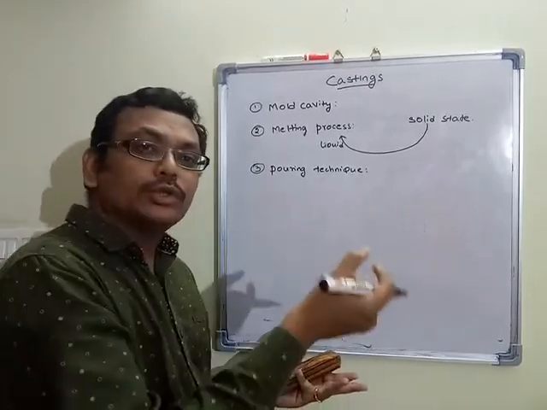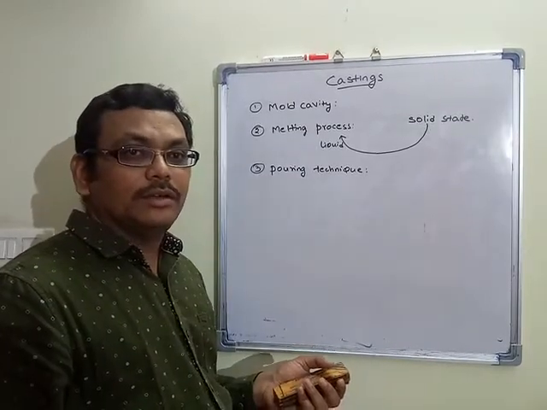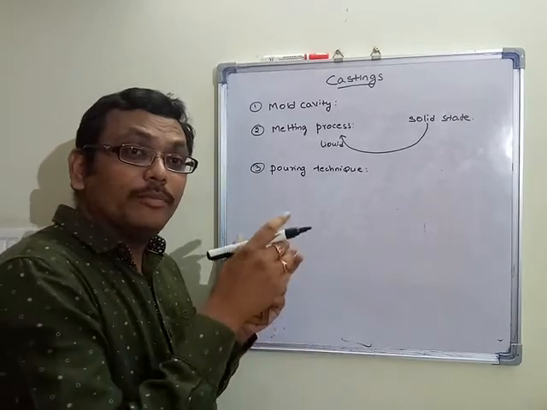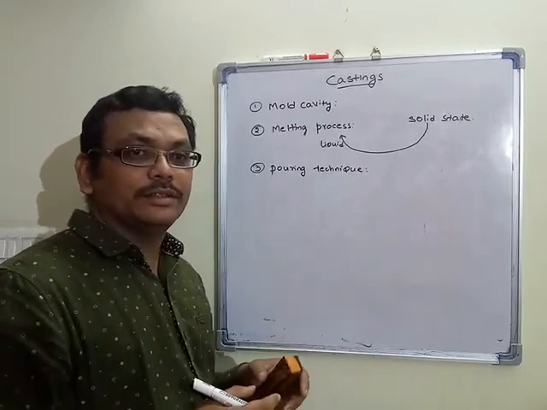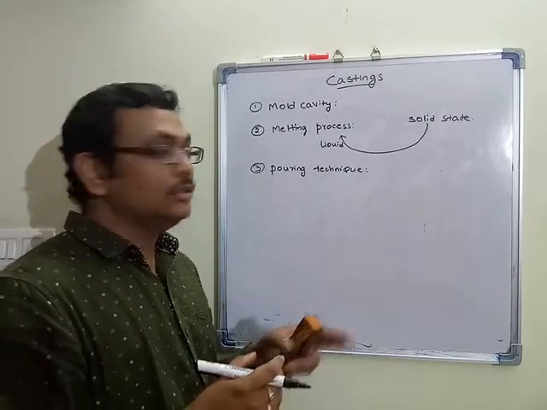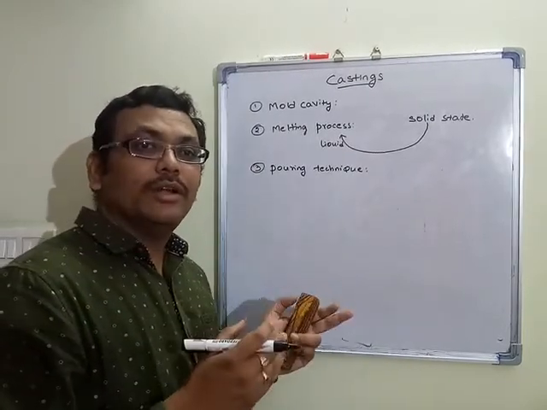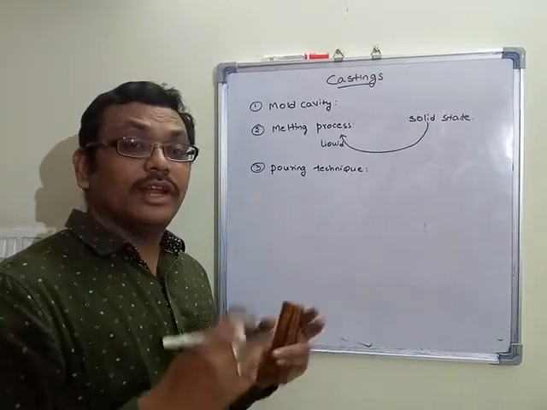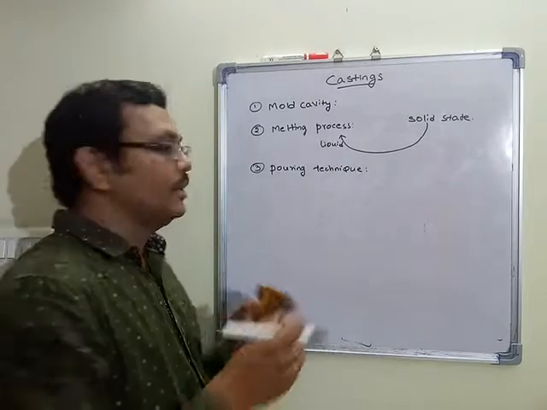By hand or scoop we can pour it, or with the help of pressure we can pour it, or with the help of tubes we can pour it. So there are different pouring techniques. These techniques depend on the final output of the casting, right?